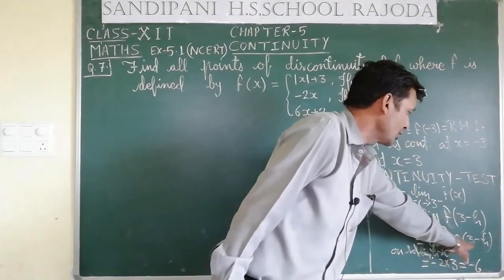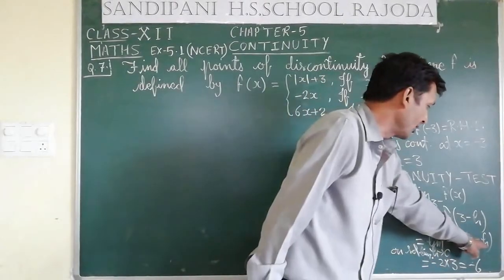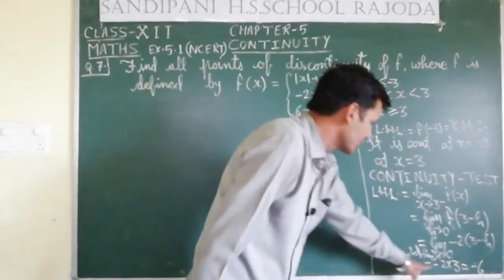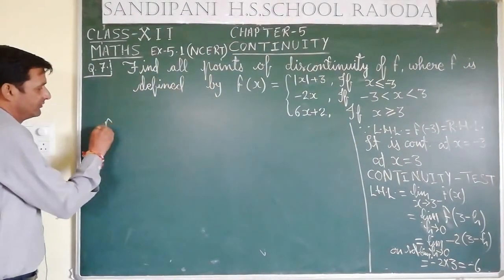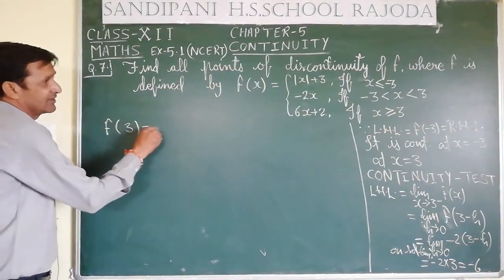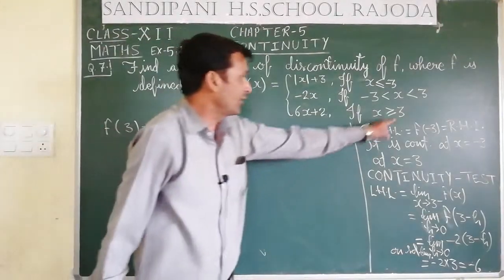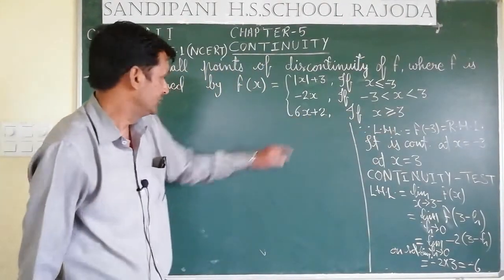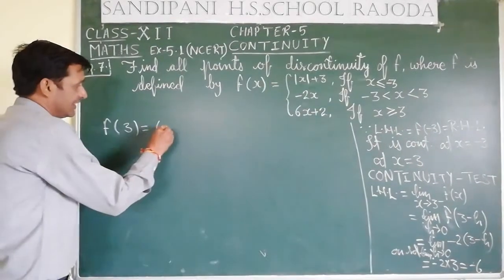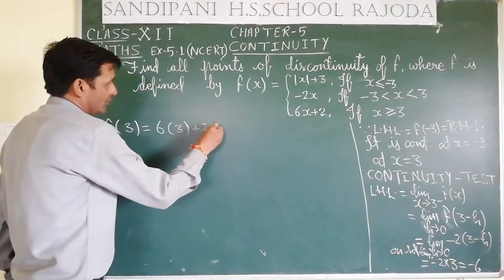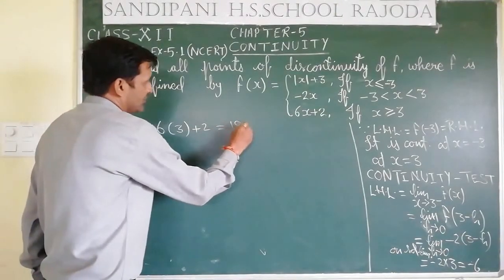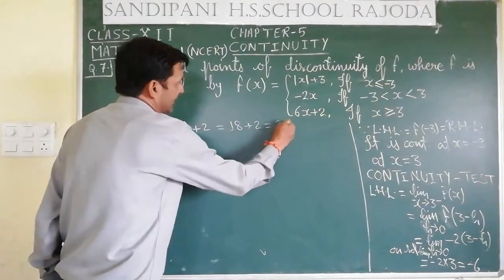So minus 2 into 3 is only the remaining part. If we put the value of h as 0 here, minus 2 into 3 is minus 6. Now f of 3, for equal to 3 this will be applicable. So we have to put 3 directly in place of x here: 6 into 3 plus 2, that is equal to 18 plus 2, so it will be equal to 20.